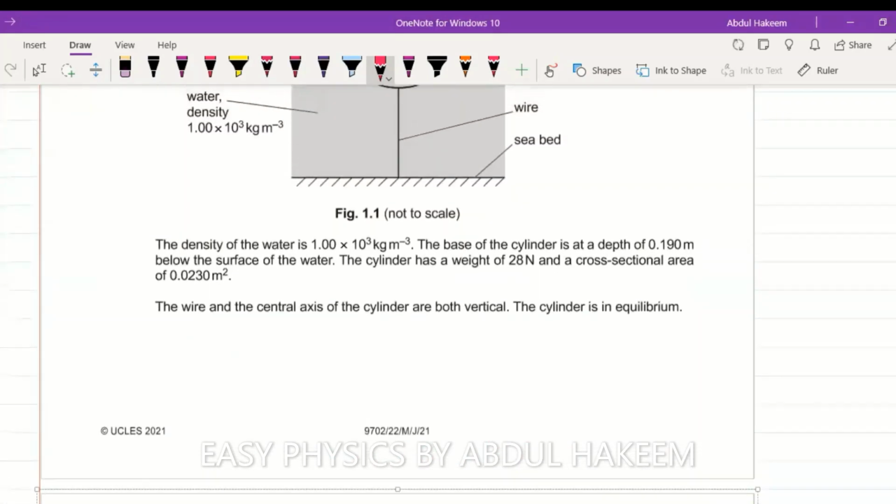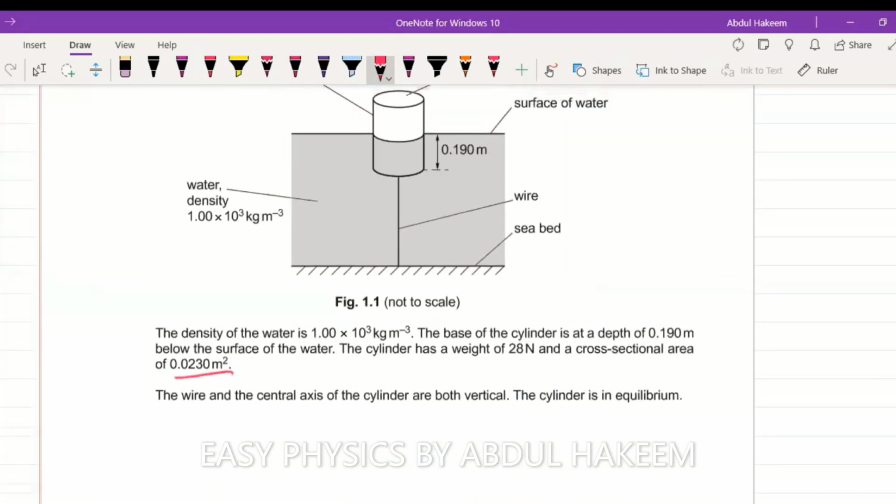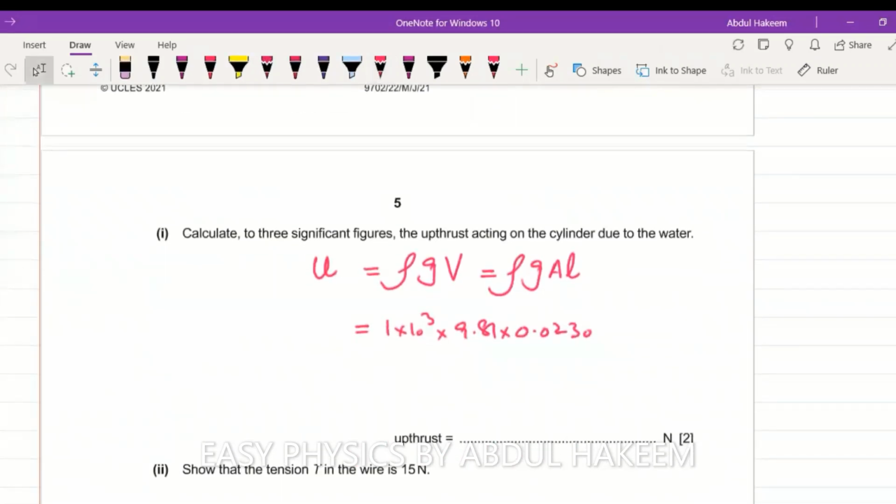Look, it's given here. And the height is the length, meaning the depth of the liquid, 0.190. So after the calculation, the answer comes 42.9. So we will write this answer, 42.9 Newton.